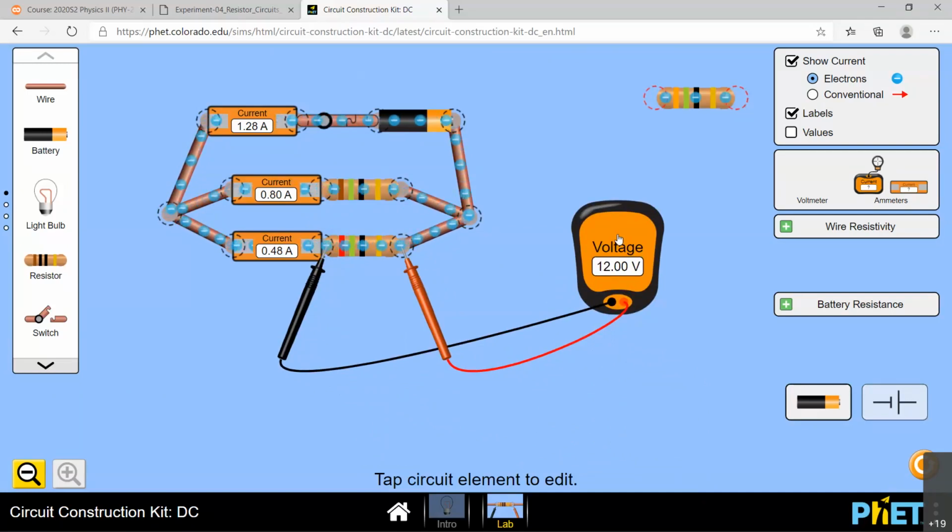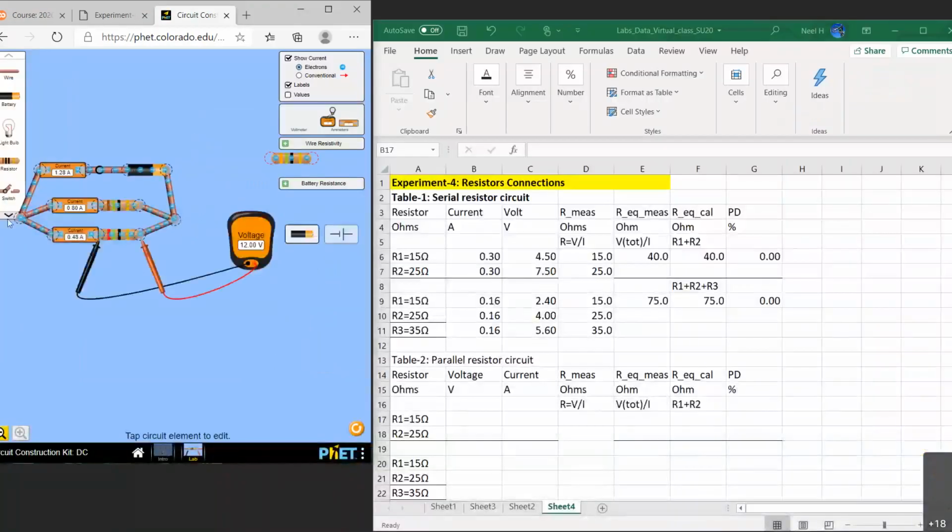Okay. We have more freedom since we're doing this in a simulator, but if you're doing this in a real life experiment, you don't have this much freedom. So you have to very carefully disconnect and then connect these ammeters to get the right current passing through each loop in your parallel circuit.